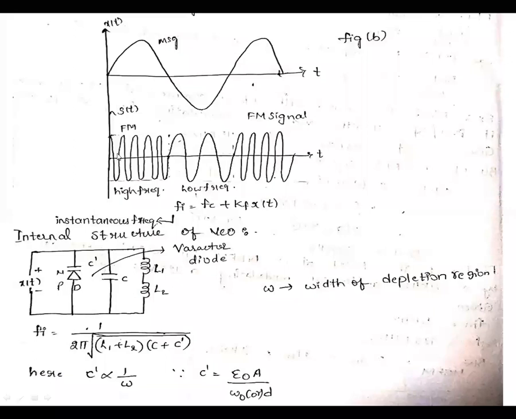The frequency of the carrier changes according to the modulating signal, that is, according to the amplitude changes of the m(t) signal. What about the amplitude of the modulated signal? The amplitude is constant, the phase is constant, and only the frequency changes. Okay, so this is the change.